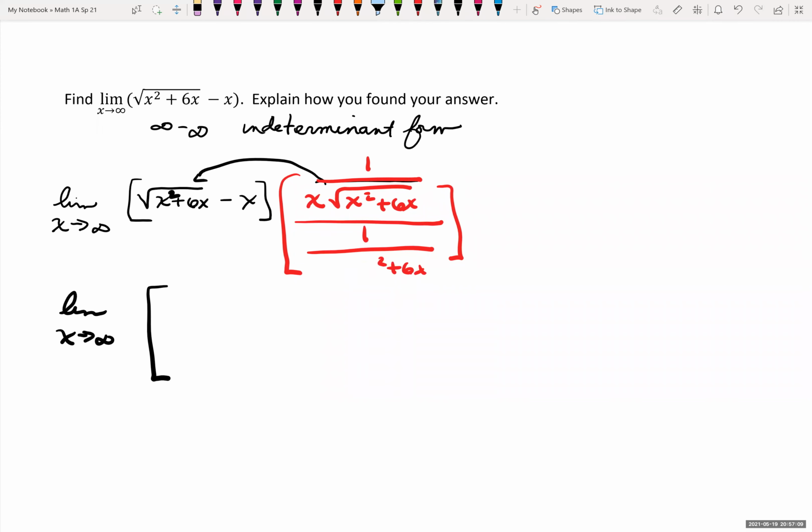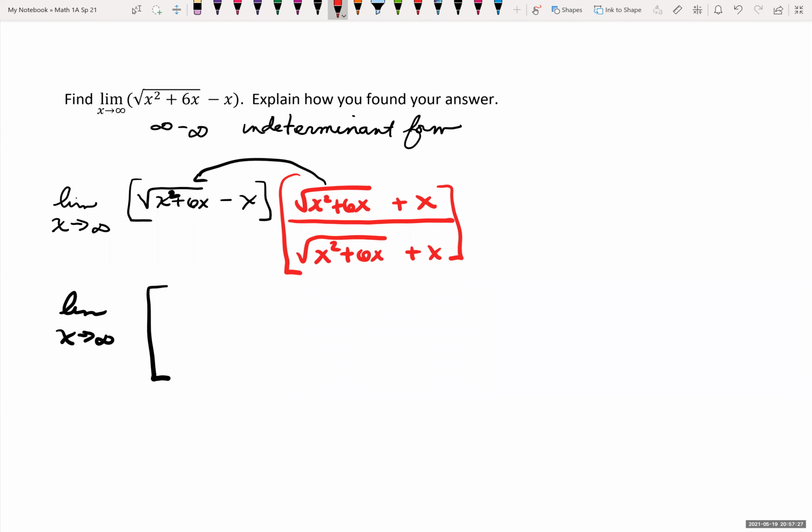So let's change that sign in there and multiply by the conjugate of that. Let's multiply by the square root of x squared plus 6x plus x, both the numerator and denominator. When we distribute to the numerator, that's a difference of squares.